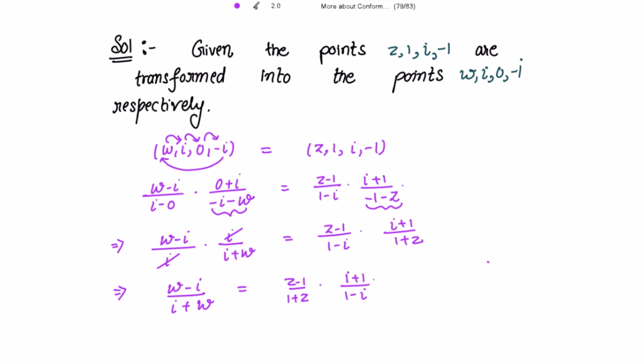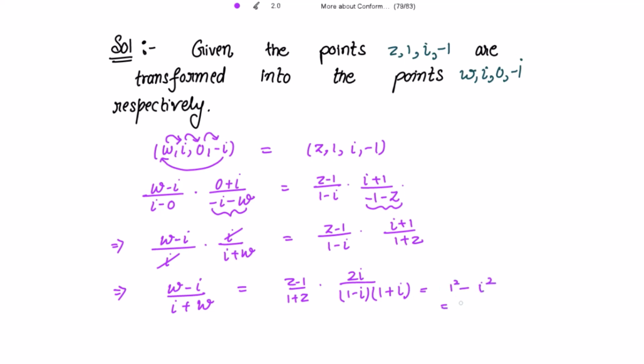Let's rationalize this. So this is 1 plus iota divided by 1 plus iota. In the numerator we have 1 plus iota whole square, that is a square plus b square plus twice ab. So this is 1 and this is negative 1, and then 2 iota remains, and in the denominator we have a minus b and a plus b, that is a square minus b square.